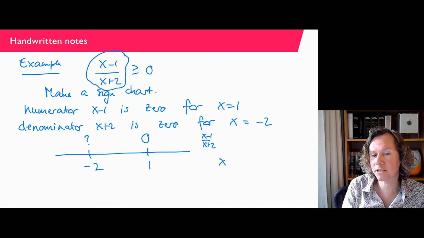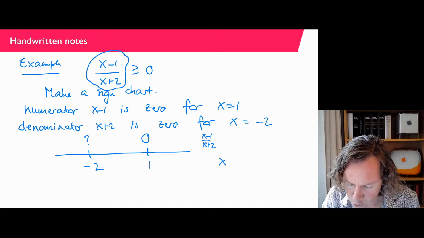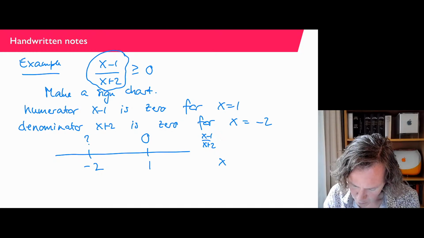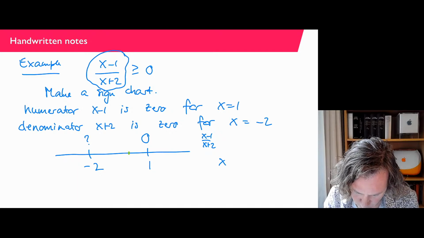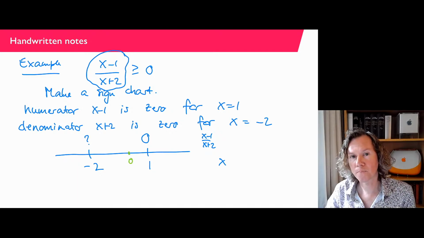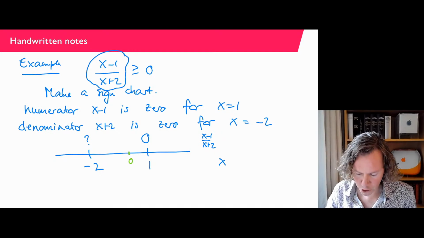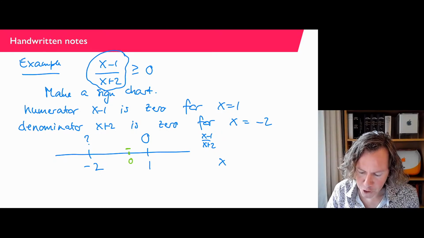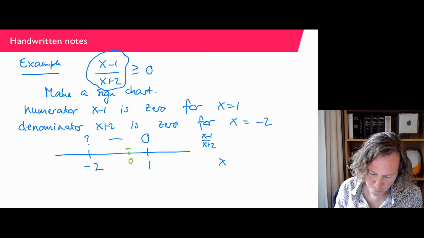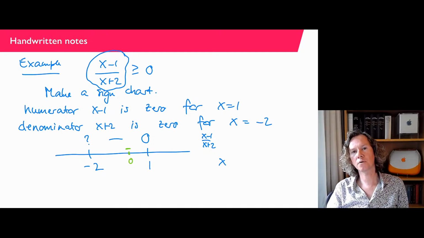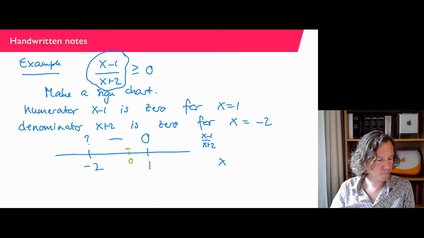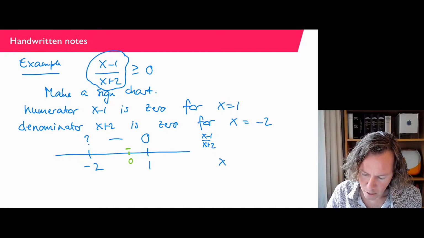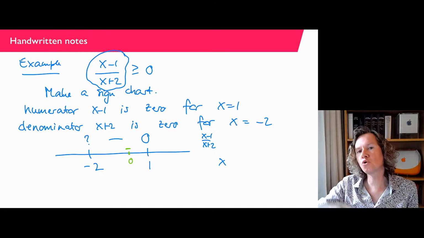So let's do that in green. I'm going to pick here x equals 0. For 0, you see that you get a minus sign. And that means that for all the x values in between minus 2 and plus 1, this is going to be negative. I also want to know what it is to the right of 1.